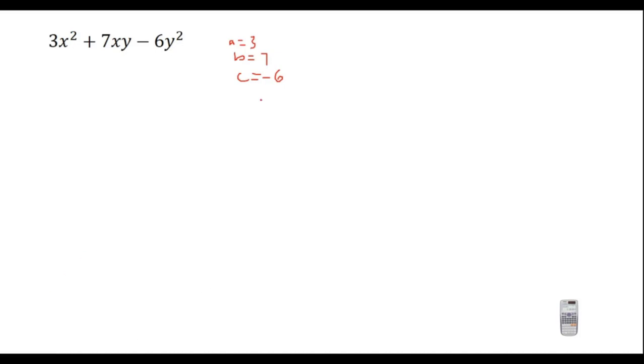Then you multiply that value with a to obtain your first value. So -2/3 times a, which is 3. 3 will cancel 3. We are going to get -2. So the first number is -2. To get the second number, first find a times c. A times c will give us 3 times -6, which is -18.